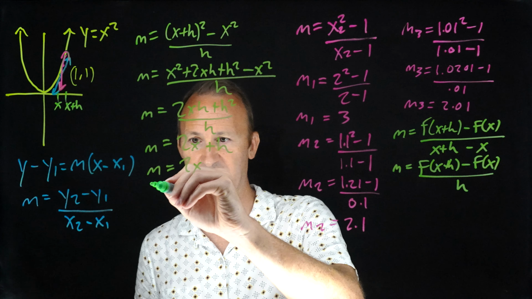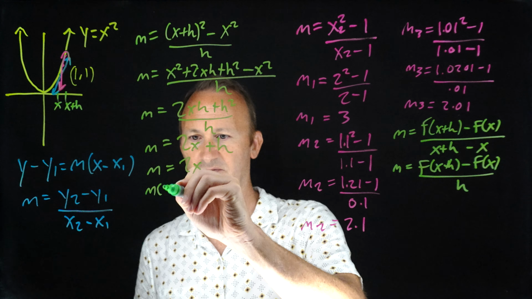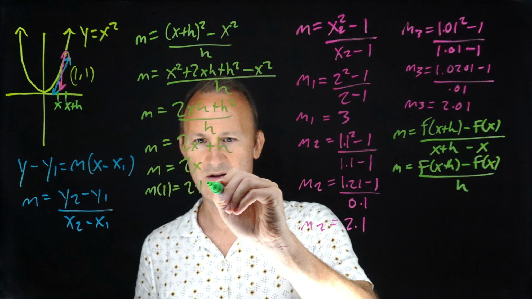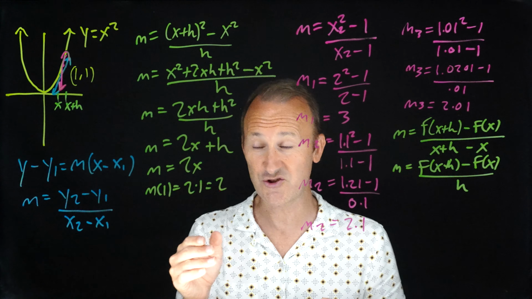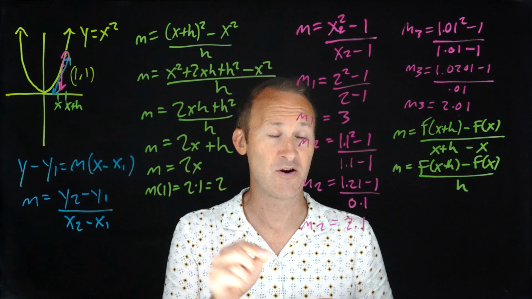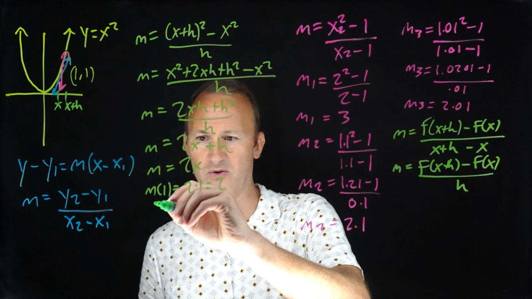Now, does this give us something sensible? Well, at the point 1, 1, using functional notation, m of 1 is equal to 2 times 1, which is in effect 2. So the slope is precisely 2 when h goes to 0, which is what our approximation showed. Now, does it work for other points?